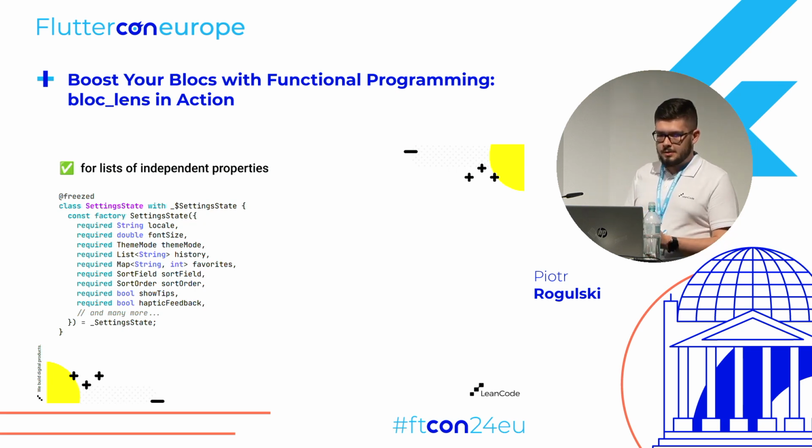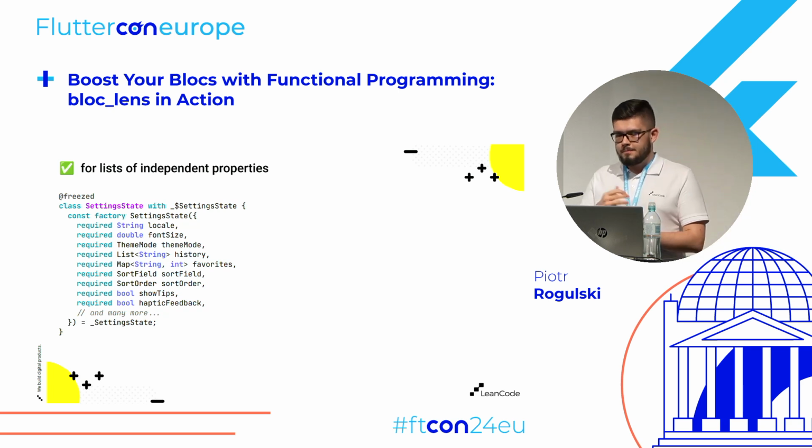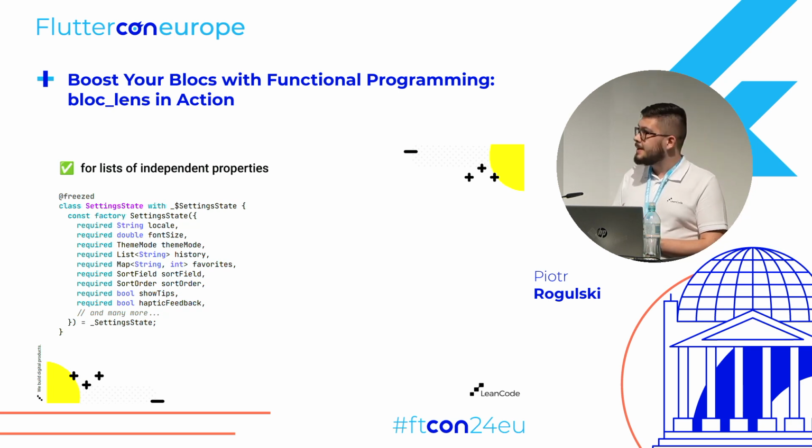I already previewed this class before. It's for me a prime example, and this is basically where this library stems from. In my project, I have a huge setting state with many properties, and I just wanted a very simple way of accessing each of the settings individually. So this is, for me, a great example and a huge helper in my day-to-day coding.